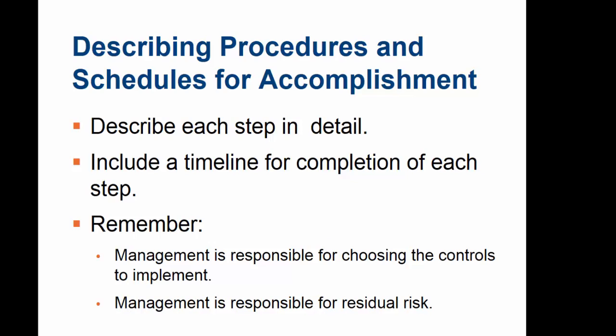Risk management plans need to be detailed, include a timeline for completion for each step, when and if it can be mitigated. And ultimately, as we say here, management is responsible for choosing the controls to implement, and management is responsible for residual risk.